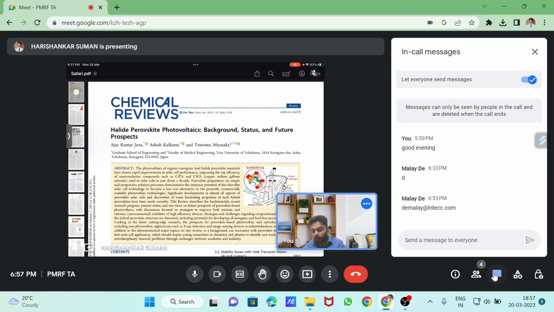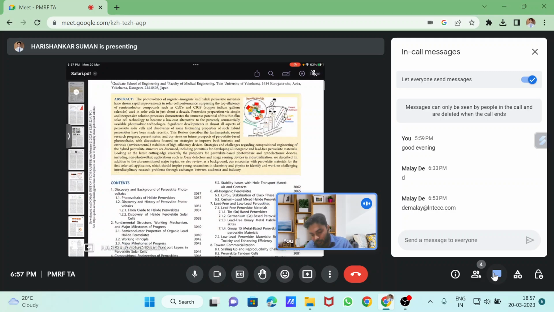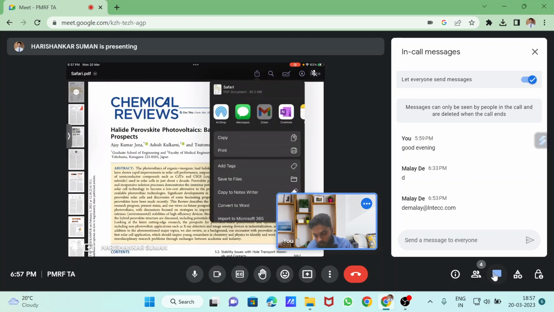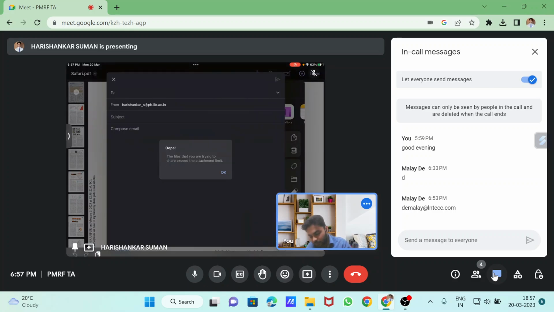This is a highly reputed journal. The file is too big, I am not able to send it because it exceeds the attachment limit.